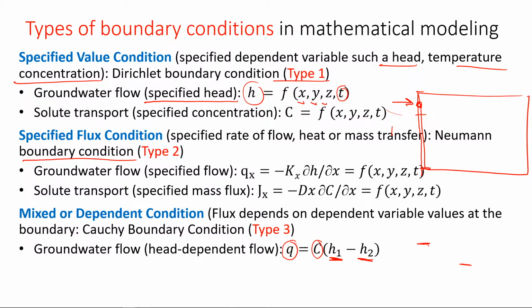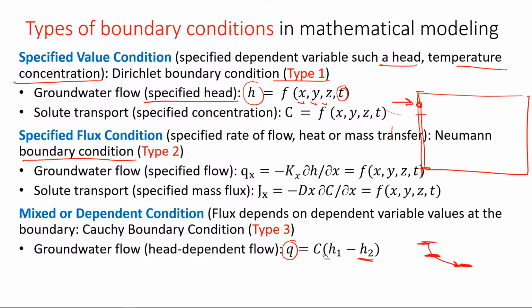This means that water will flow from my river to the aquifer. This is called a losing stream. But how much water will flow from my river to my aquifer depends on this constant C, and this constant is controlled by different factors, such as the riverbed conductance.